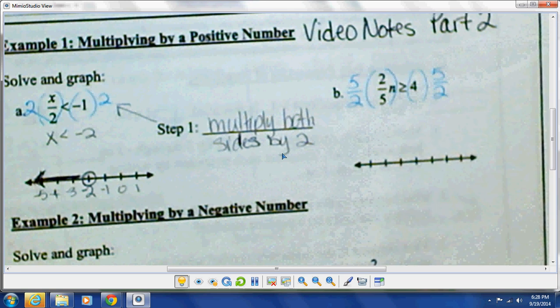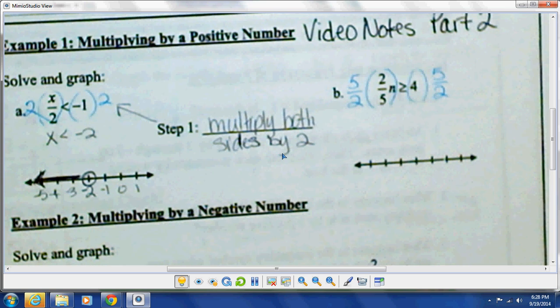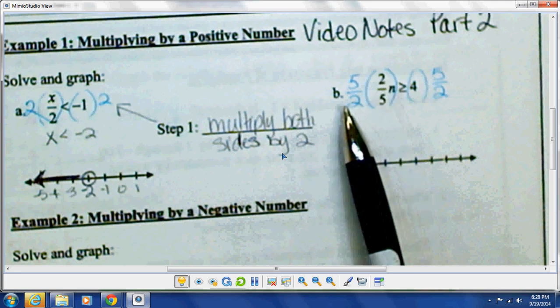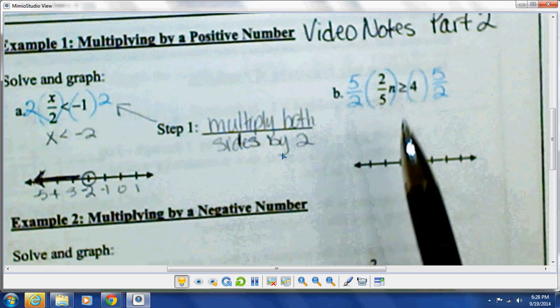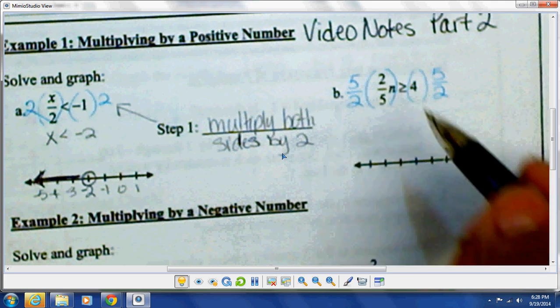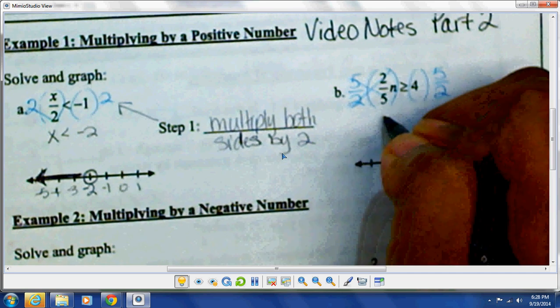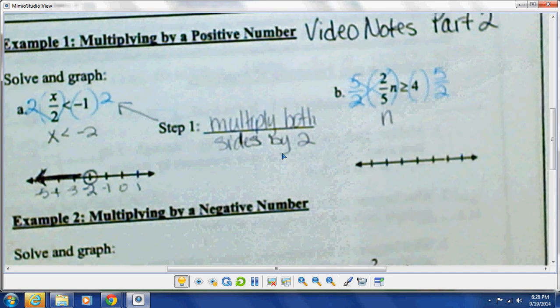So we multiply the other by 5/2. Now in this situation, keep in mind we're multiplying straight across. So 5 times 2 is 10, 2 times 5 is 10. Doesn't 10 over 10 equal 1? So that's what causes these to cancel out, leaving me with my variable isolated.